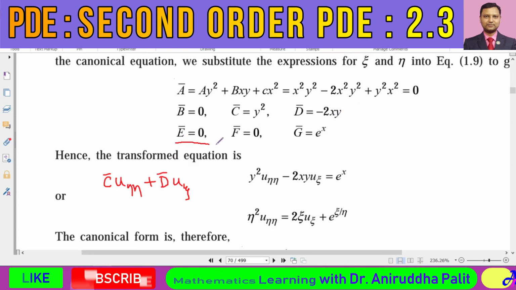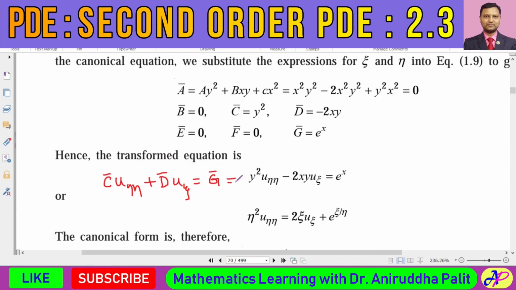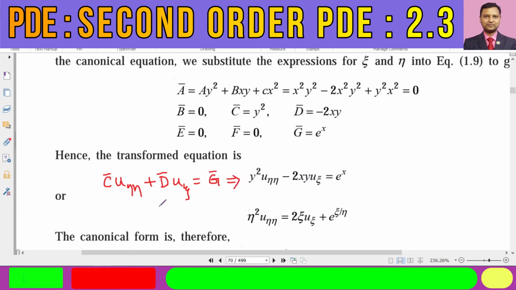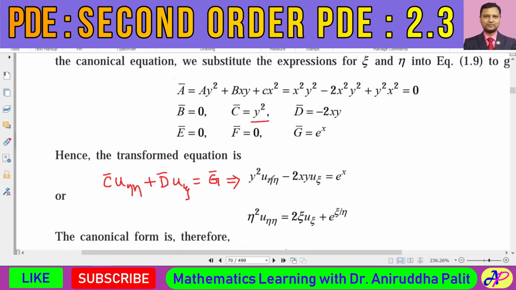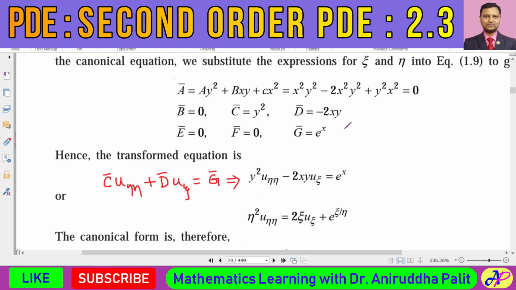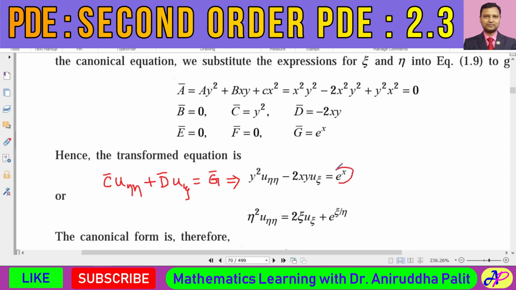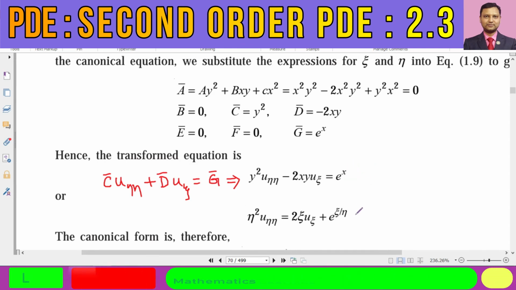Then e bar and f bar both become equal to 0, and on the right hand side we have this g bar. So this gives us this type of relation: c bar is equal to y square into u eta, and then d bar is equal to minus twice xy, so this is minus twice xy into u xi, and on the right hand side this is the expression of g bar.